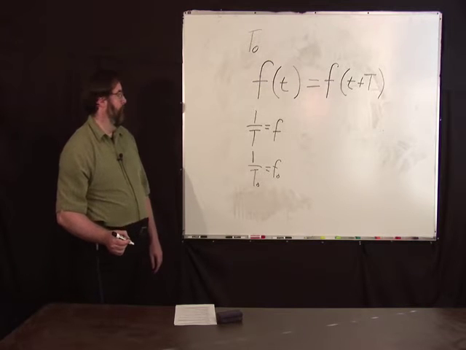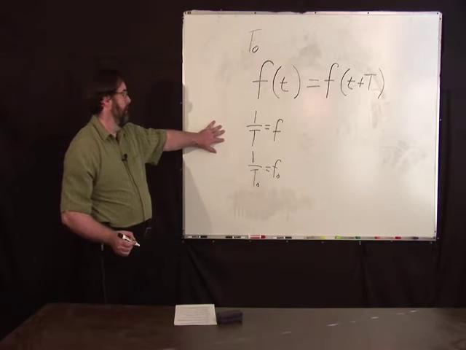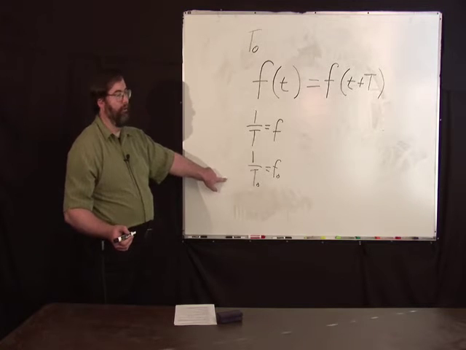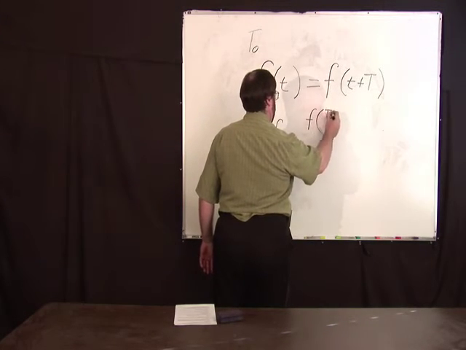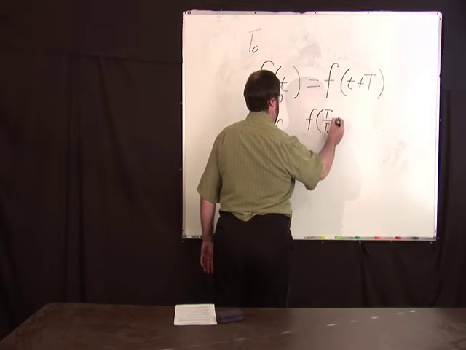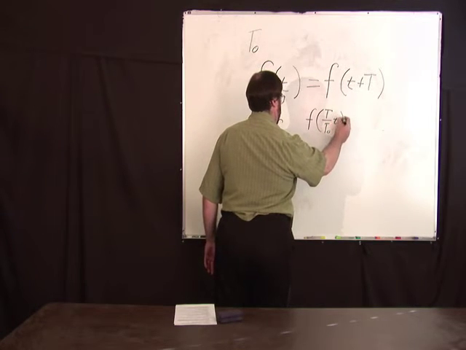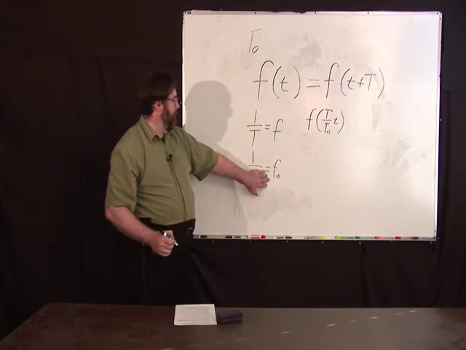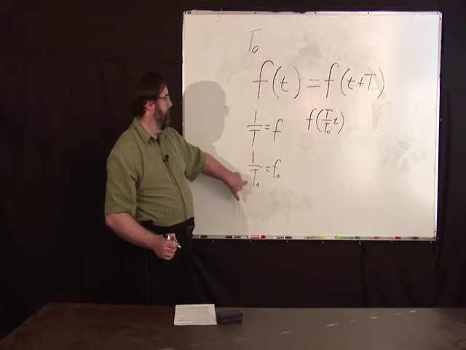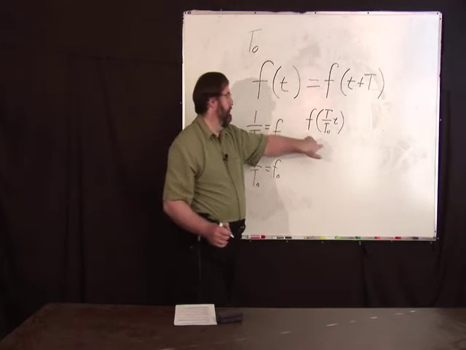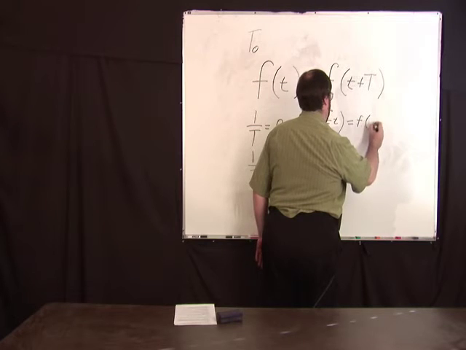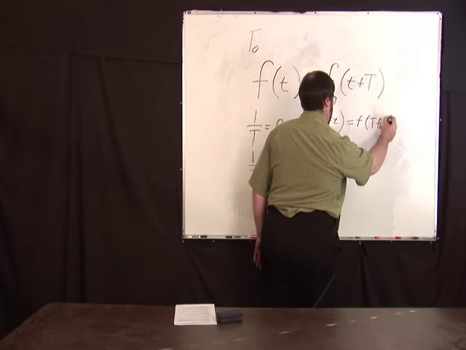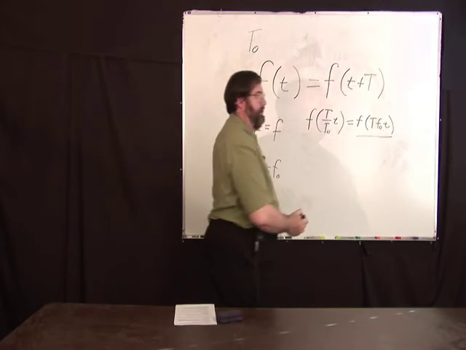So another way to generate a function with period t0 was the one we already showed you, f of t over t0 times t. But since f0 is 1 over t0, this is the same as f of t times f0 t. This one's important. We'll see that again.